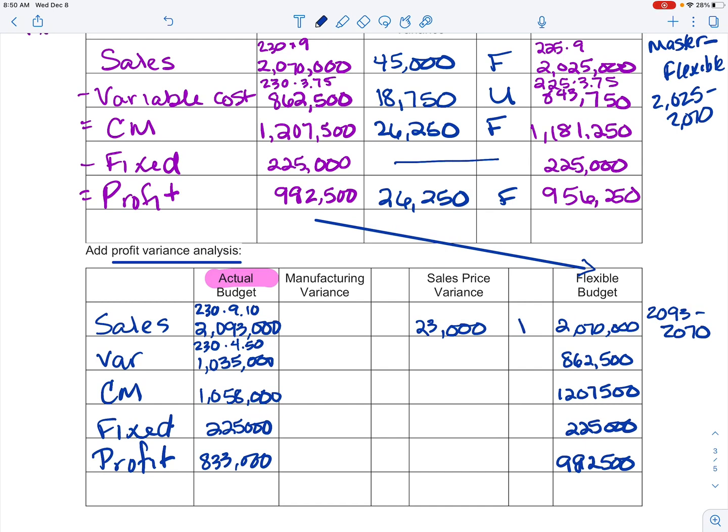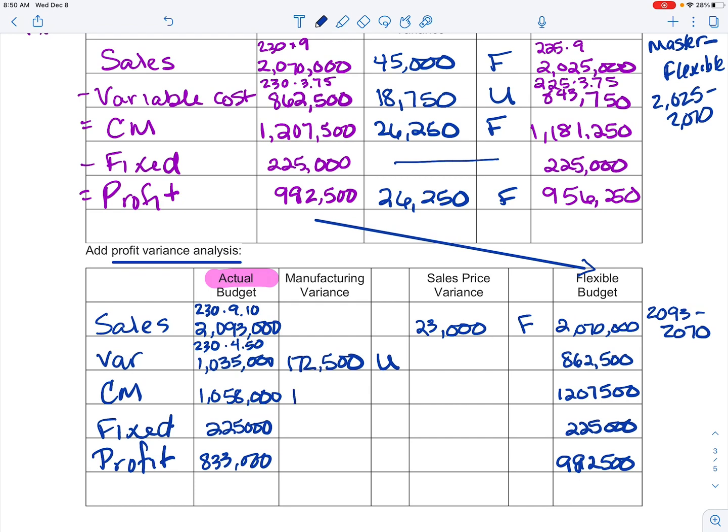My sales were higher, that's a good thing, so that's going to be favorable. My variable costs go into a manufacturing variance. I'm just going to subtract those two. I don't want to spend more money, so this is going to be unfavorable.